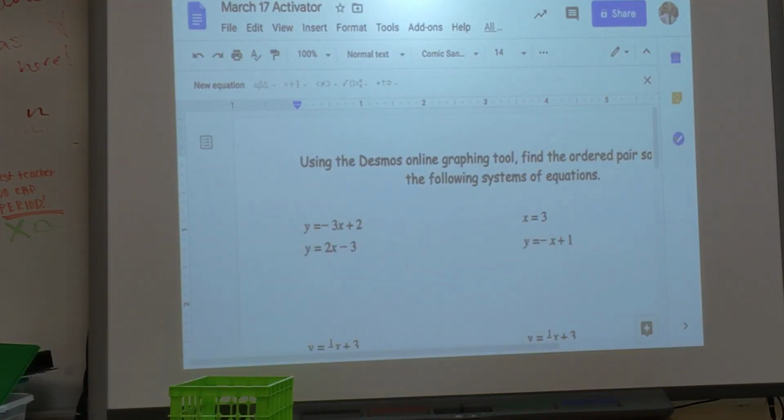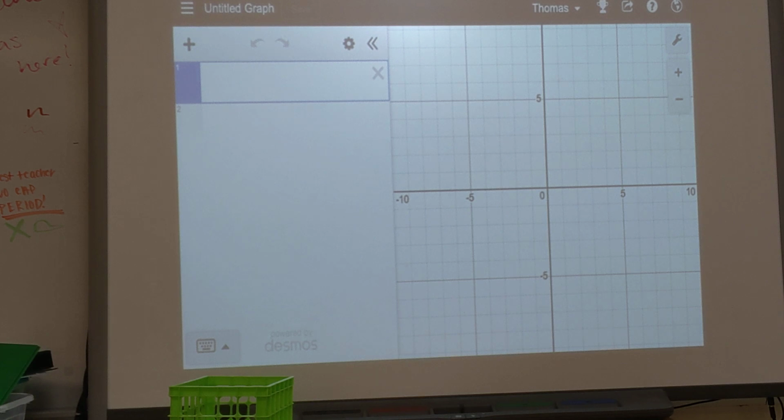All right, so if you happen to be following along, here is the Google document on your Google Classroom with the assignment that says using the Desmos online graphing tool, find the ordered pair solution for each of the following systems of equations. So all I do is come right up here to Desmos and type in my first one, y equals negative 3x plus 2.